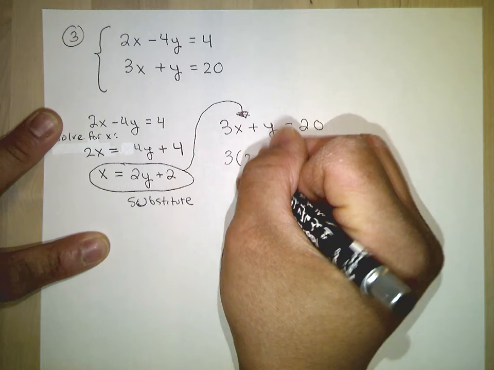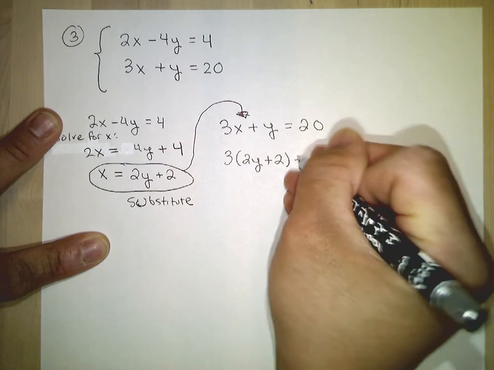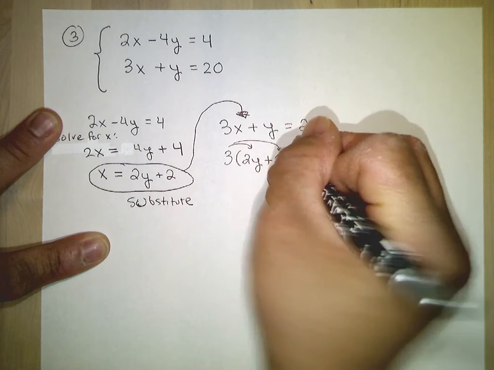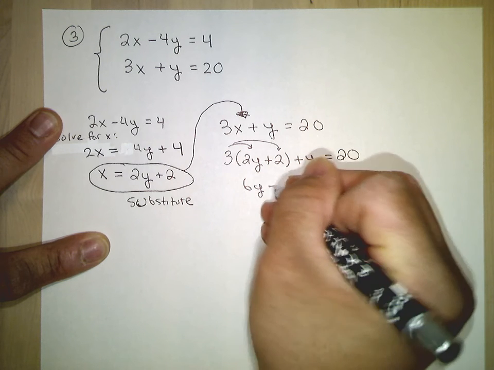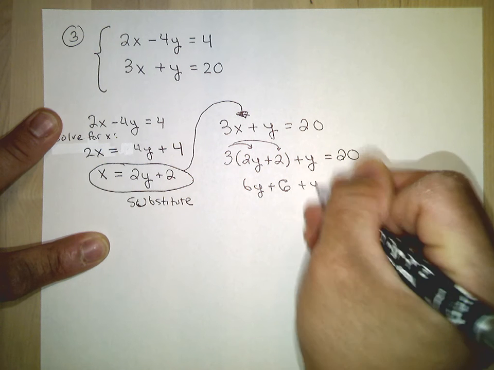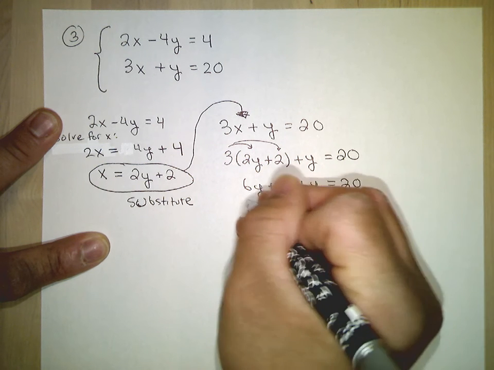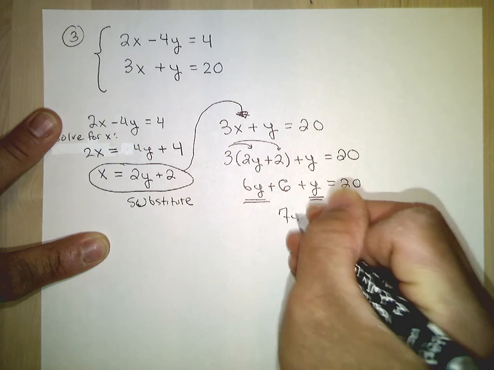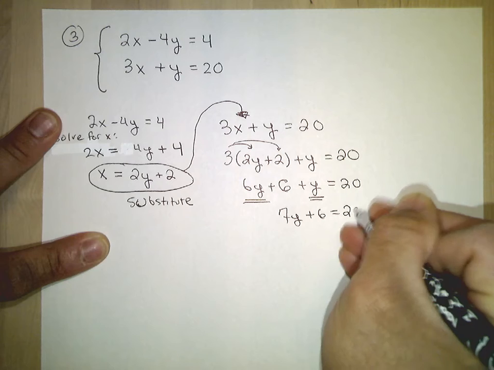So 3 times 2y plus 2, plus y is 20. Distribute the 3. So we have 6y plus 6 plus y is equal to 20. Combine the like terms. 6y plus y is 7y plus 6 equals 20.